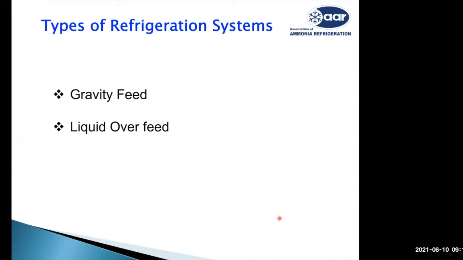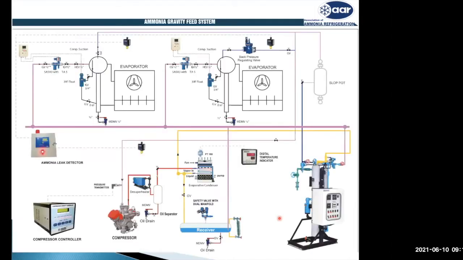We talked the last 2 days about refrigeration systems. Mostly popular systems are gravity feed and liquid overfeed systems. In these two systems we have a receiver, condenser, and compressor, which we call the high pressure side. And we have the evaporators and accumulators on the low pressure side. So remember, this is the low pressure side and this is the high pressure side.